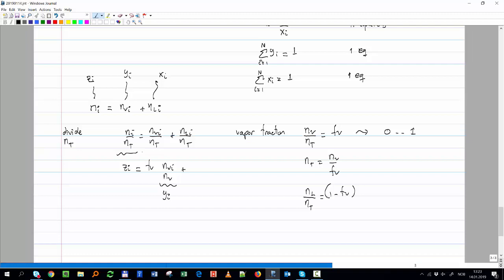So we substitute that here, and we have N liquid of component i, 1 minus Fv. At the end, I end up with this equation, which is a mass balance equation and is the one that actually helps me close the system: Zi equals Fv Yi plus 1 minus Fv Xi.